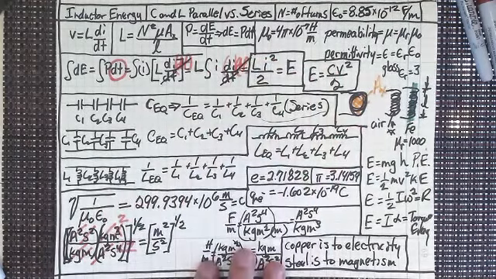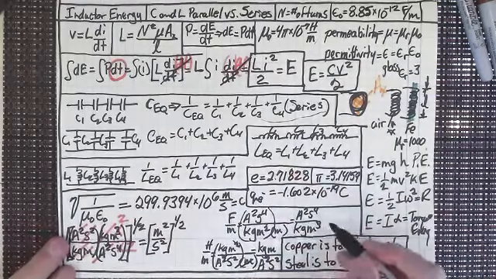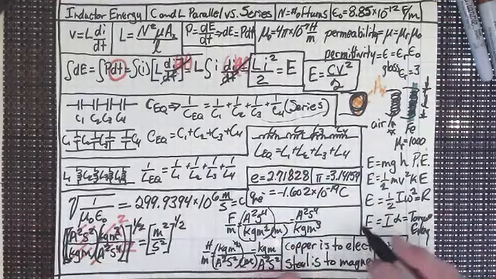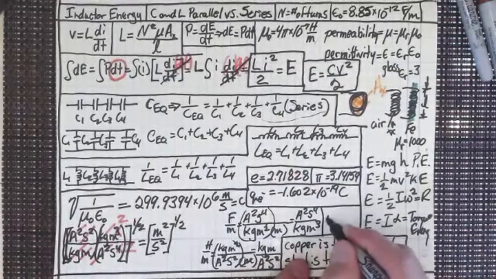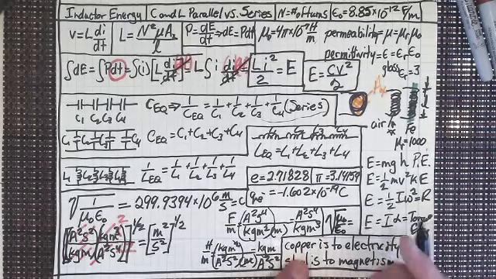I was pretty long on the last couple things, but we can do another thing too. I'm not going to do it, but I just want to point it out to you. What if instead of this, I had the square root of mu sub O over epsilon sub O? What's that?